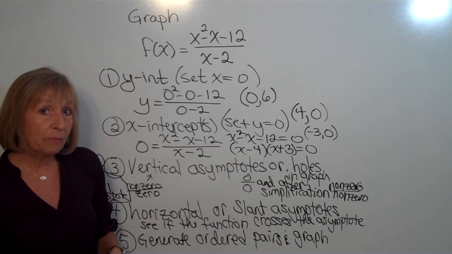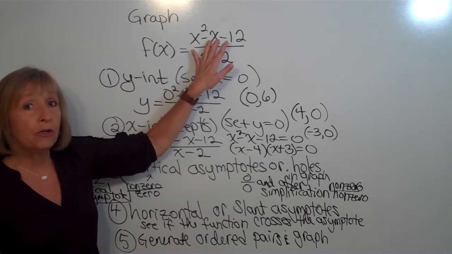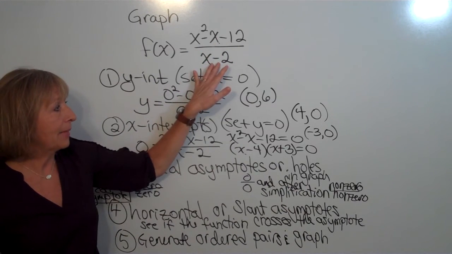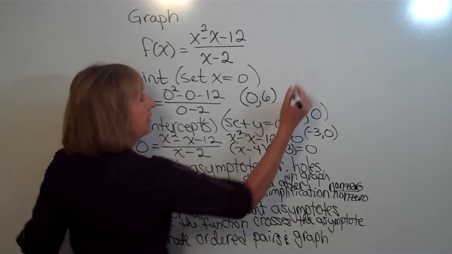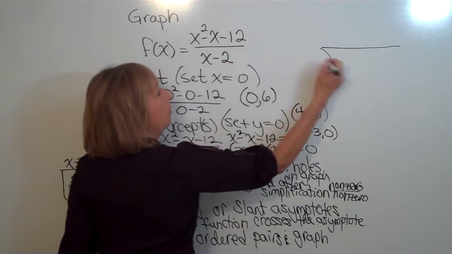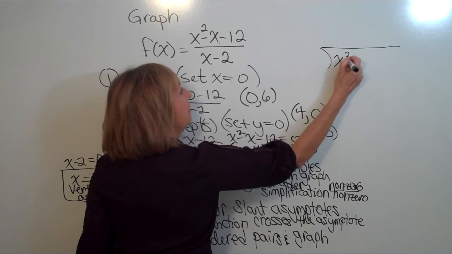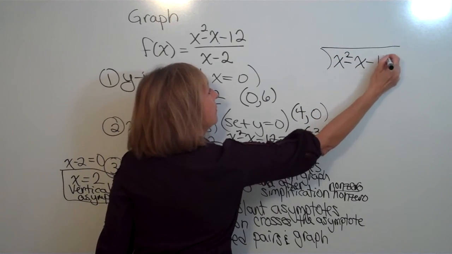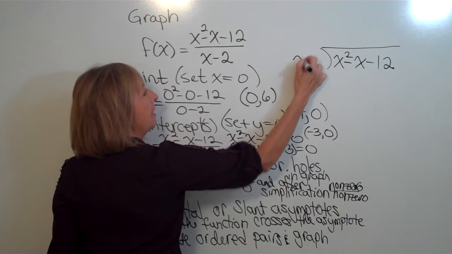With long division of polynomials, we're going to divide the numerator by the denominator. So I'm going to put the numerator in the division box and divide by the denominator.